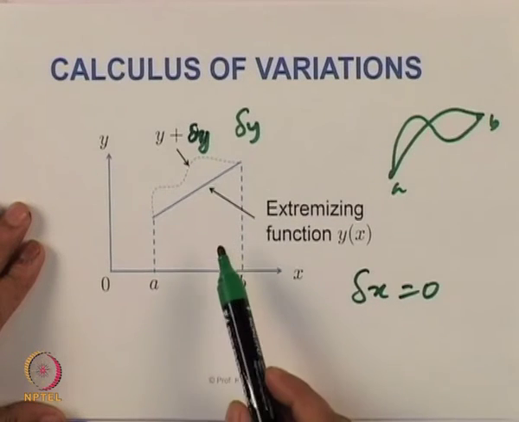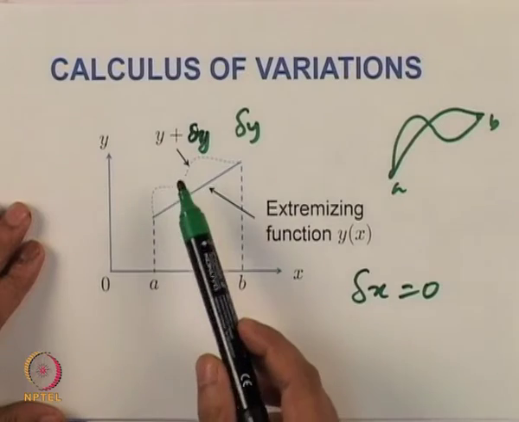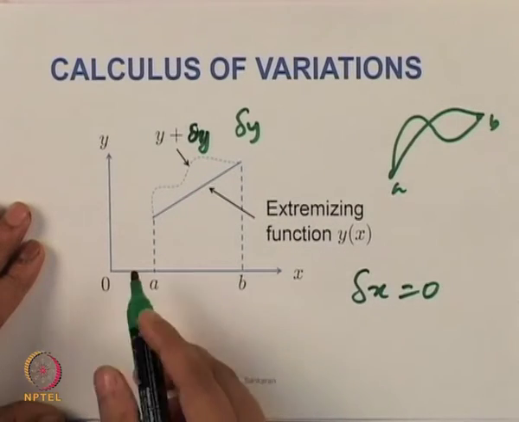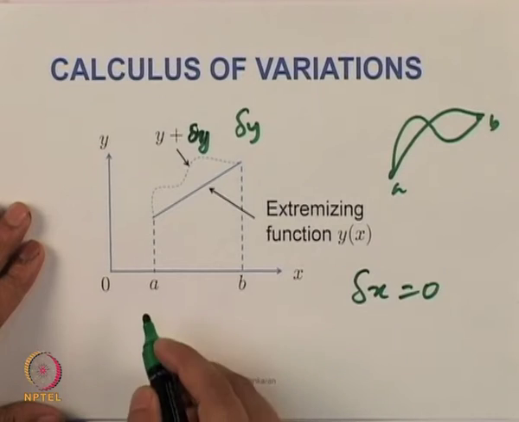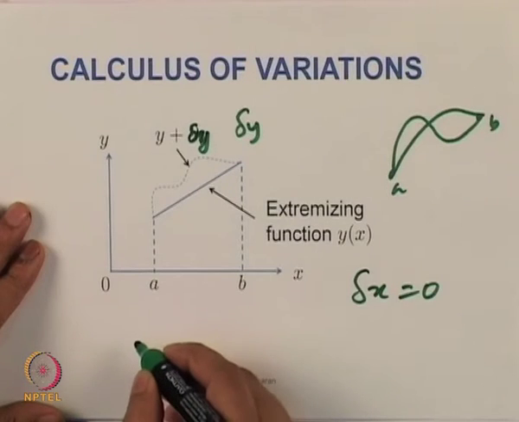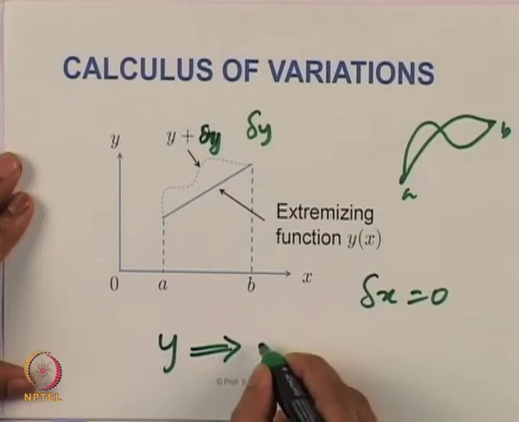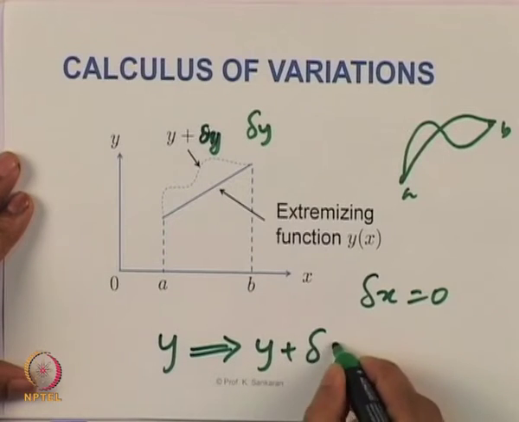So the function is going to vary only with respect to the y variable itself, it is not going to vary with respect to x. So due to this we are talking about y going to y plus delta y.